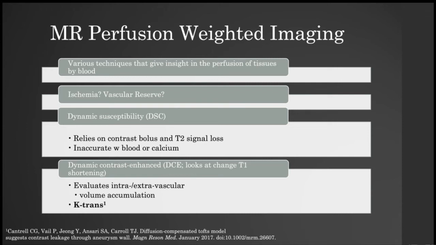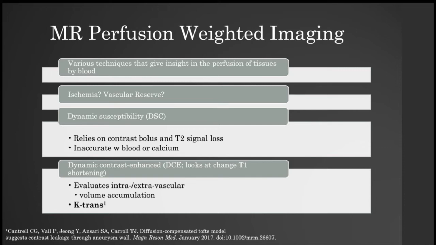And we've heard a lot about this K-trans. This is a very unique way of looking at diffusion almost through tissue. K-trans in the cerebrovascular world is actually from a guy that used to work up there, these are guys from Northwestern. They're looking at diffusion of, or inflammation around, the wall of aneurysms and potential diffusion of liquid that suggests that an aneurysm is ruptured or not ruptured, or weak or not weak.